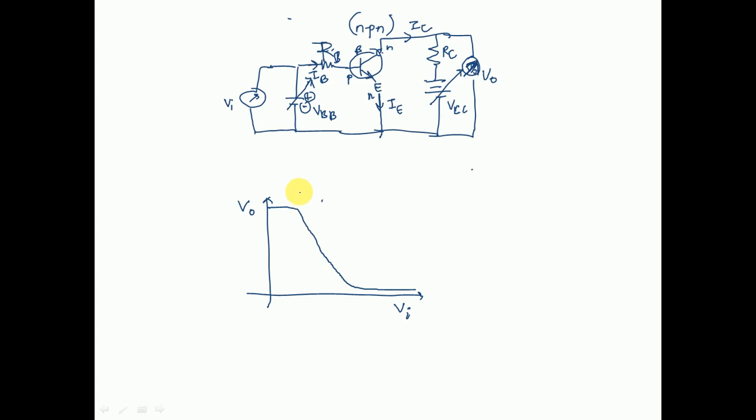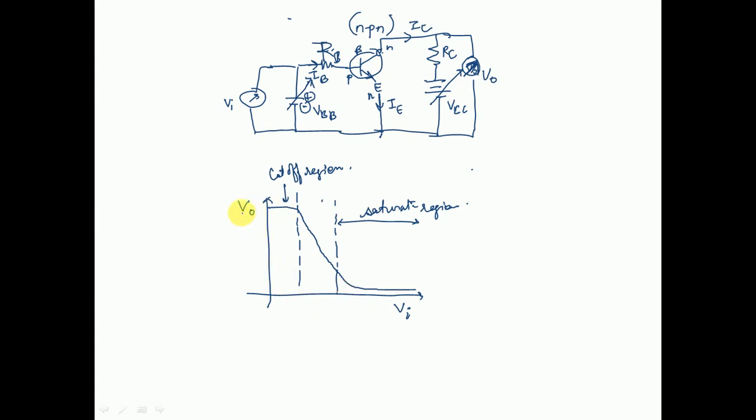I am drawing two dashed lines, which are used to demarcate the working of the transistor in three different regions. The first region is known as the cutoff region. And the last region is known as the saturation region.